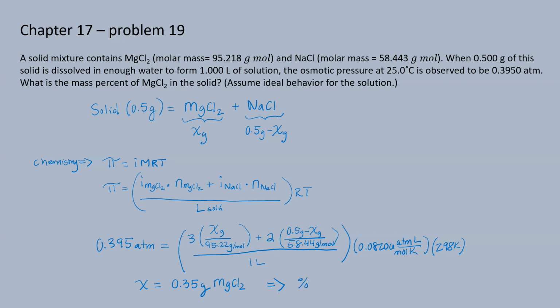So for the percent of magnesium chloride, we had 0.35 grams out of 0.5 grams of solid. So 70% of the solid is magnesium chloride. By default, then 30% is sodium chloride, but they didn't ask us that.